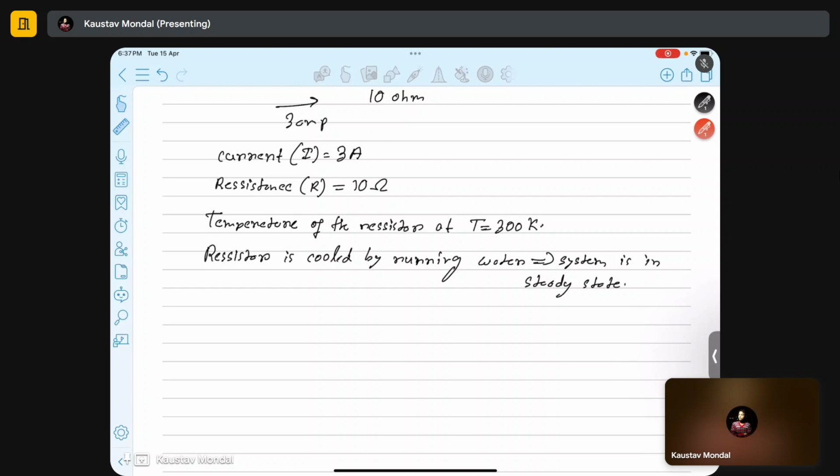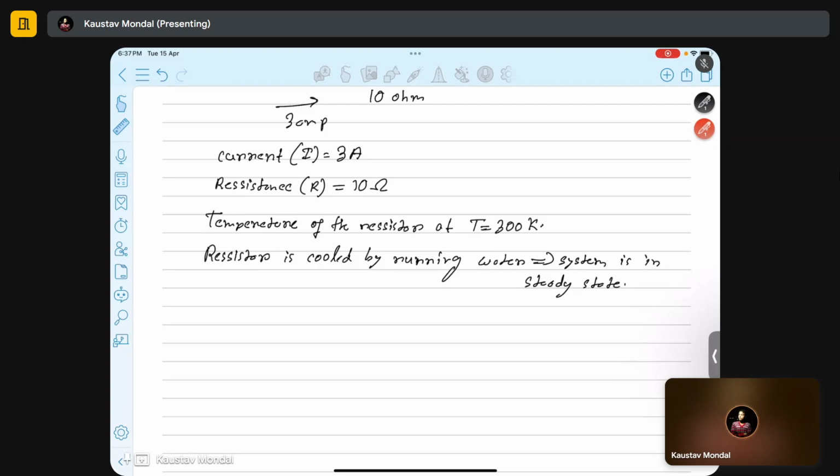So these are the information given. Now from here you have to calculate the change in entropy. First you can calculate the heating power.